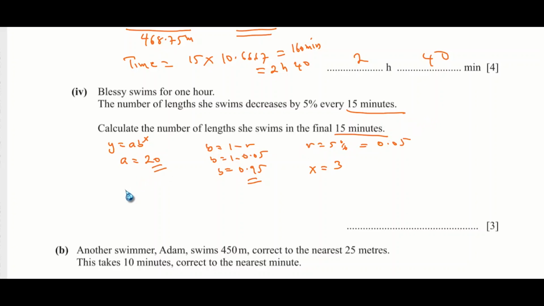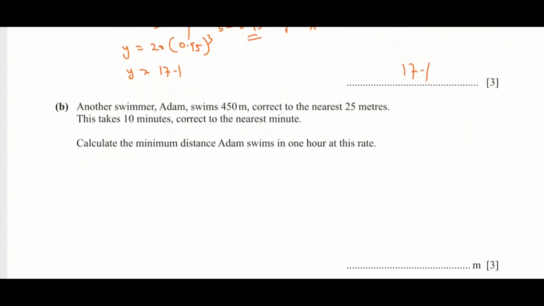So here we're going to say y is equals to a, which is 20, into 0.95 to the power of 3. Okay, so you can just demarcate this like this. So y will be equals to 17.1. So we have 17.1 here.